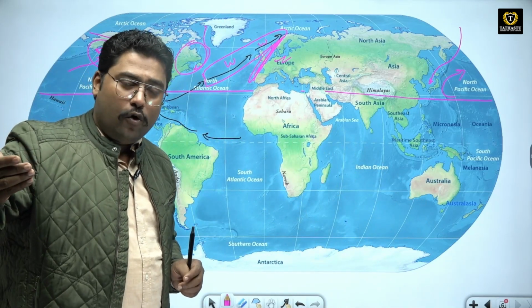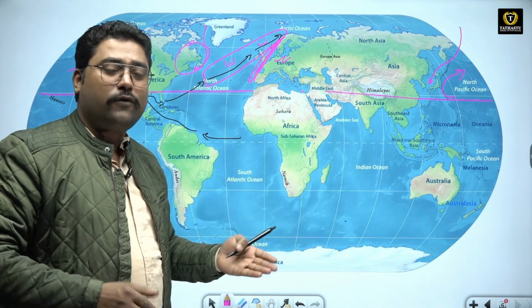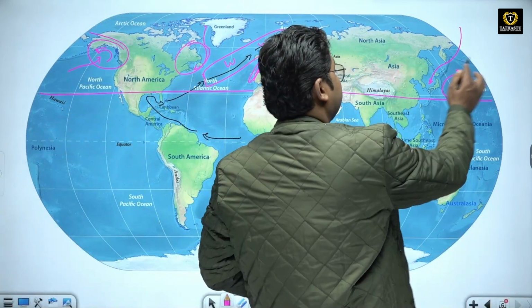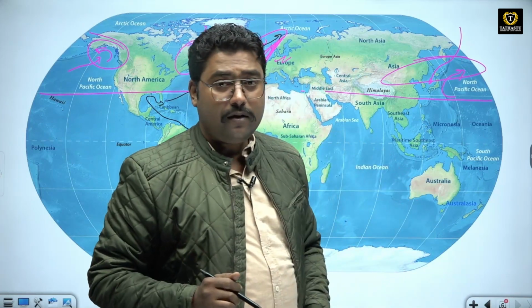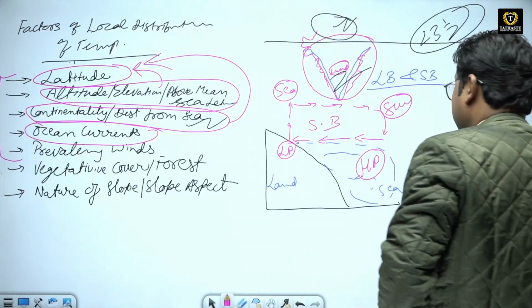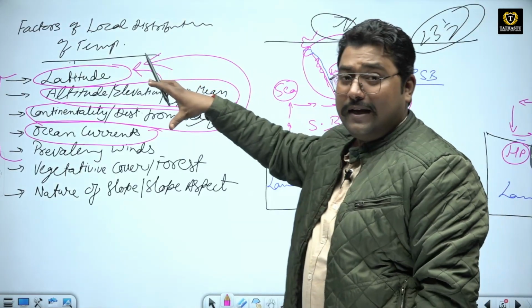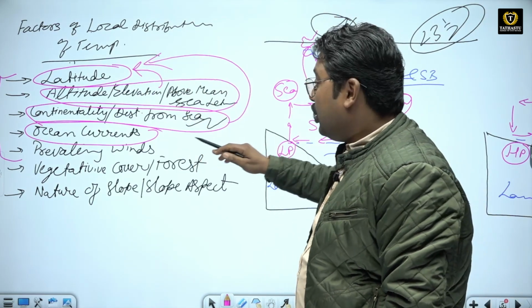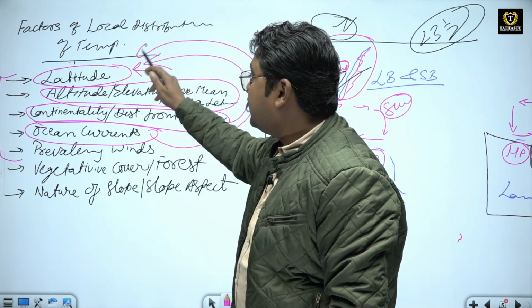One part is open throughout the year, one part is frozen during winter season due to the presence of ocean currents, and the location is the same latitude. So the latitude effect is again overlooked due to the presence of ocean currents.